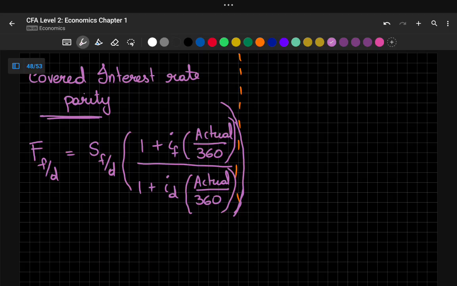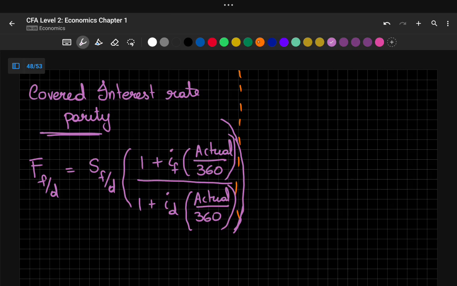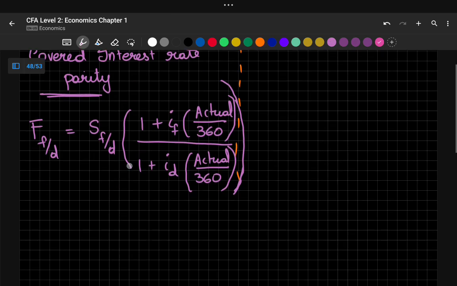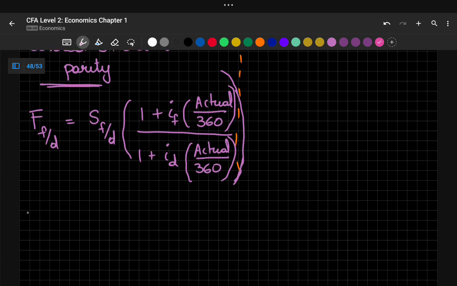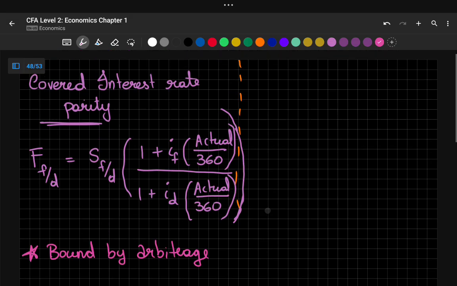Now, another important concept about covered interest rate parity is that it is bound by arbitrage. Why? If you remember, this forward rate that we had calculated is the rate at which no arbitrage profit opportunity is available.